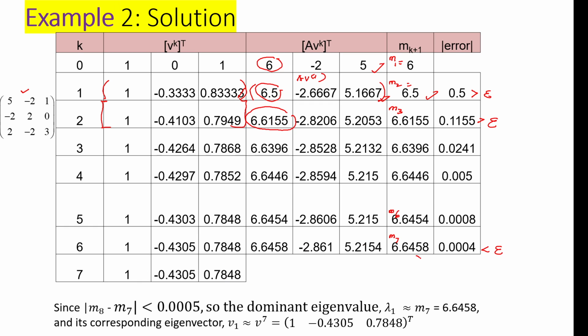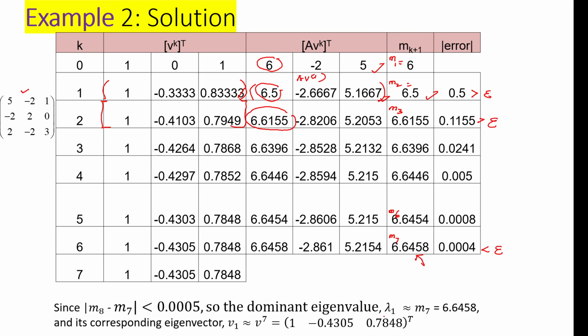So lastly, the last M(k+1) indicates your lambda 1, which is the dominant eigenvalue. Lambda 1 is approximately equal to M7, which is 6.6458, and its corresponding eigenvector will be V7.